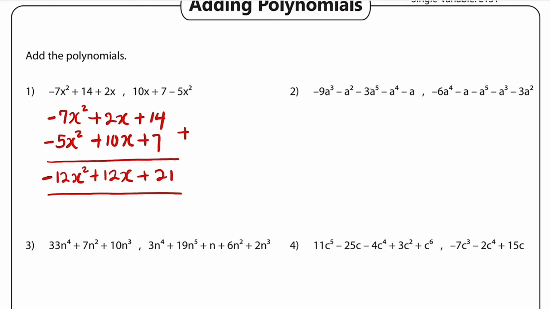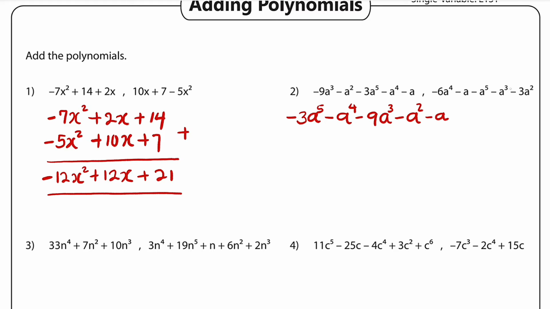We have to start with the leading term, which is negative 3a to the power of 5, followed by the power of 4, negative a to the power of 4, then power of 3, which is negative 9a to the power of 3, followed by 2, which is negative a to the power of 2, followed by 1, which is negative a. We don't have any constant.